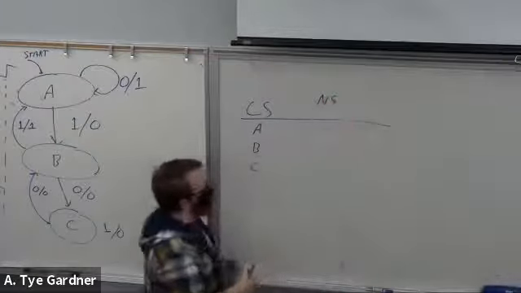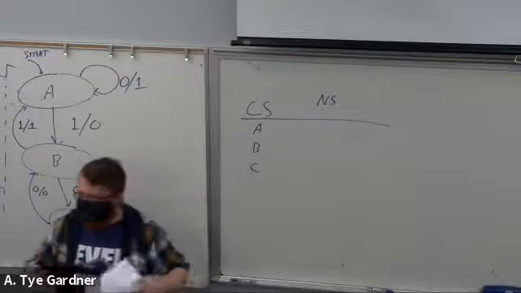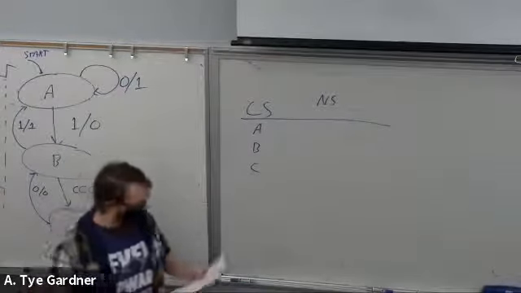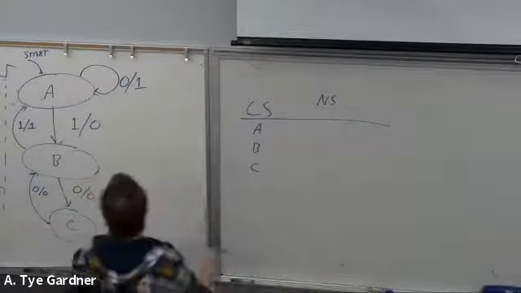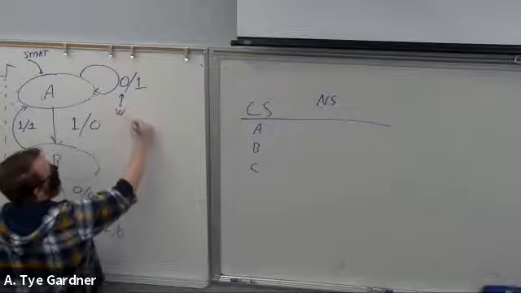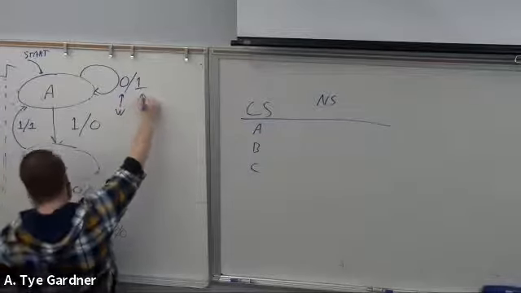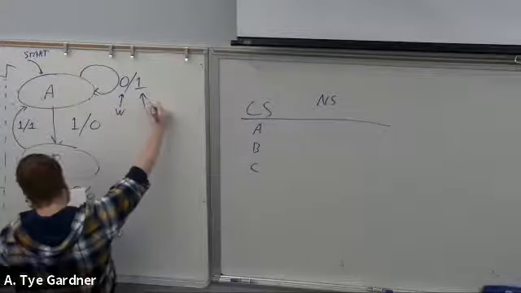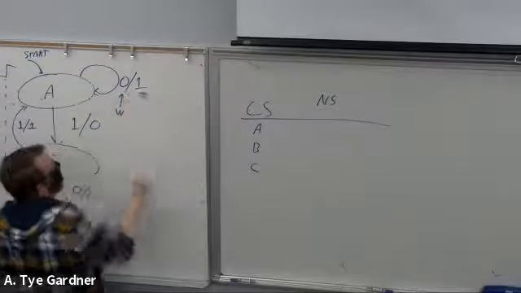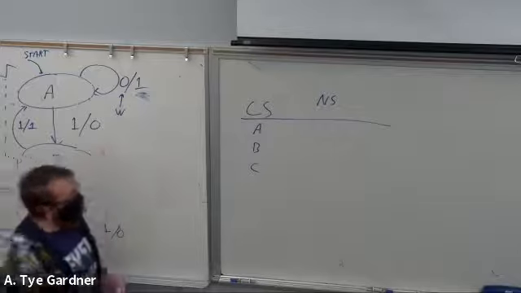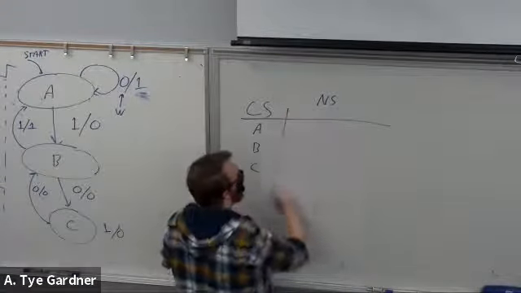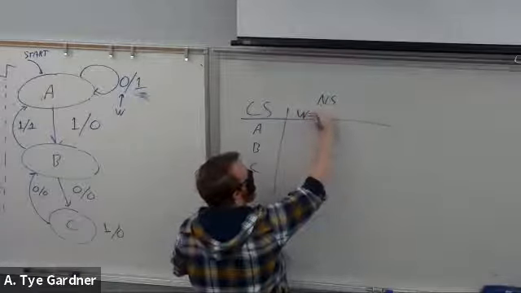Now, the next state is a little bit different because the next state cares about what is our input, right? So if we call our input W and our output, well, I'll deal with that in just a second. So we're going to call our input W. So our next state depends upon what is W.